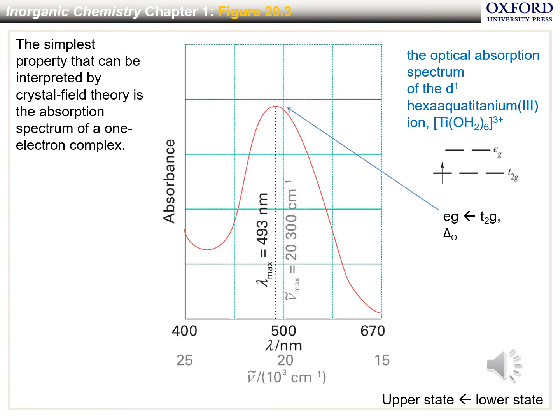So if you consider this, your ion is a d1, and at the ground state, one arrow is at the T2g, and the absorption spectrum of the ion would exhibit one broad band with a lambda max of around 20,300 here. And then your lambda max is 493 nanometers.